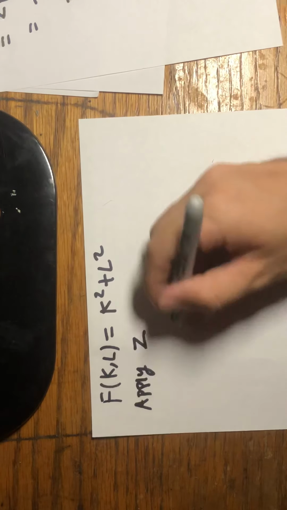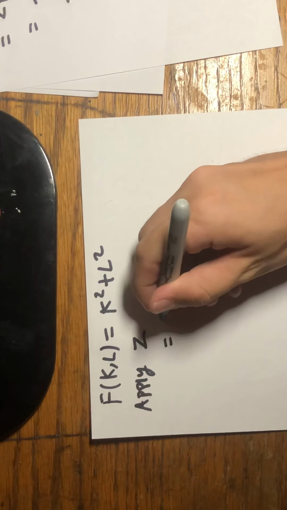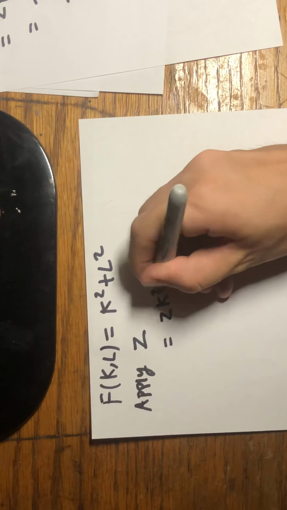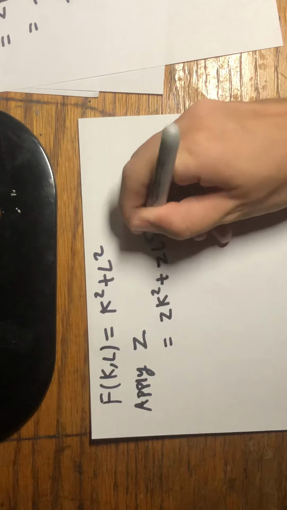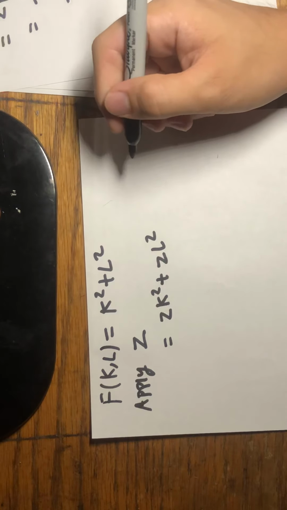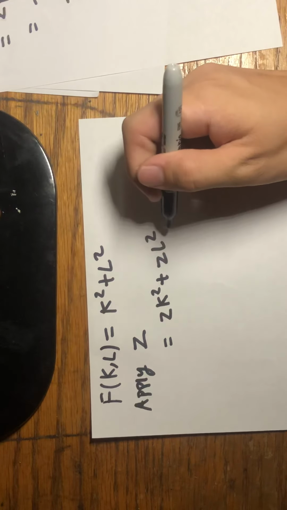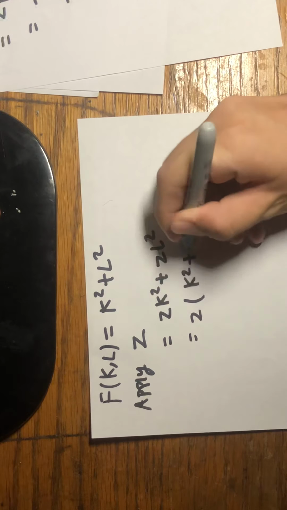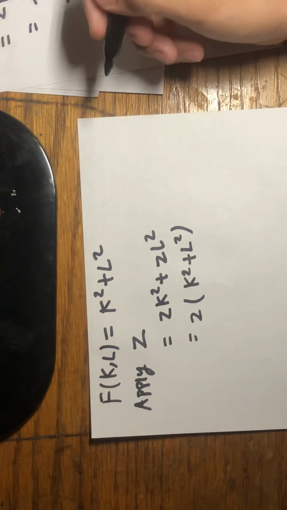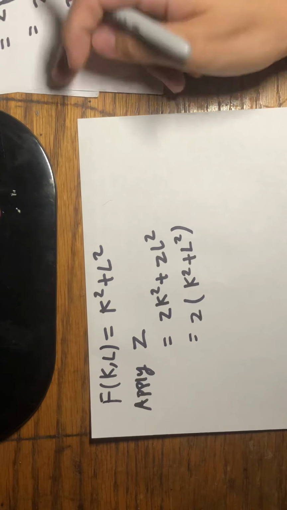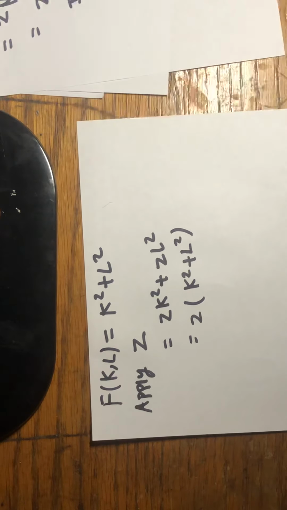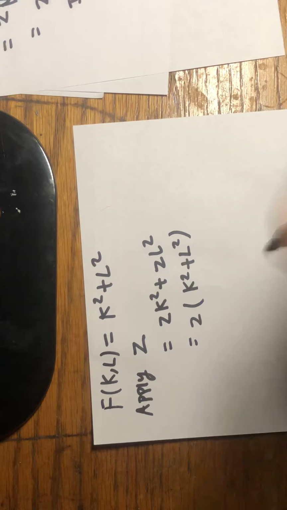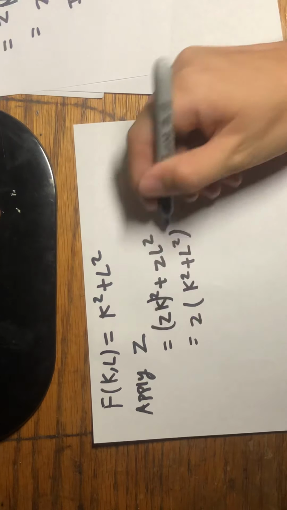Now we're applying Z. Essentially what this equals is Z K squared plus Z L squared, and we can separate these things, so we have Z multiplied by K squared plus L squared. Oh, my apologies. Sorry, it should be this.